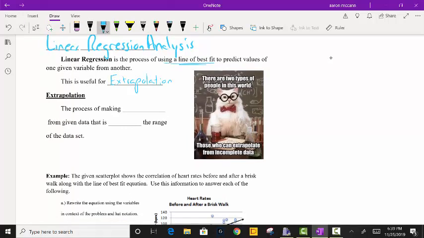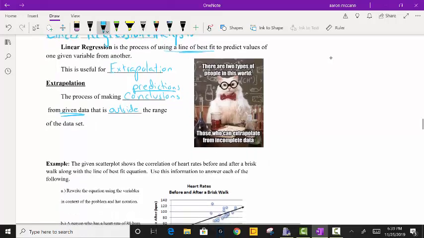Extrapolation is the process of making conclusions from given data. Instead of conclusions, we could also say predictions. So we're able to come up with information from the given data that's outside the range of the data set.